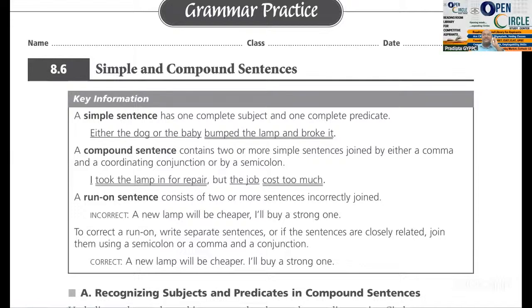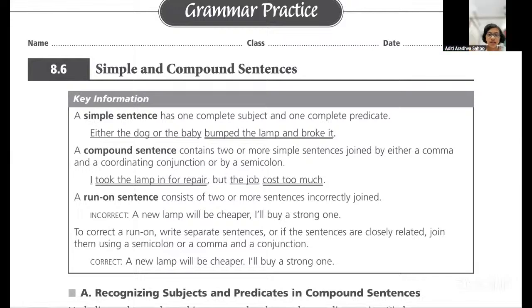Okay. So semicolon is used for a separation of two sentences which are obviously connected, like and. So that's a compound sentence. Who can say what is a run-on sentence? Okay, Aditi, speak.